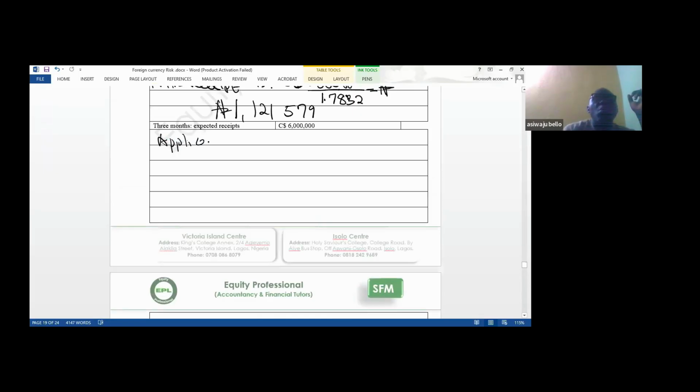Applicable 3 months forward rate is central dollar 1.7850 per naira.